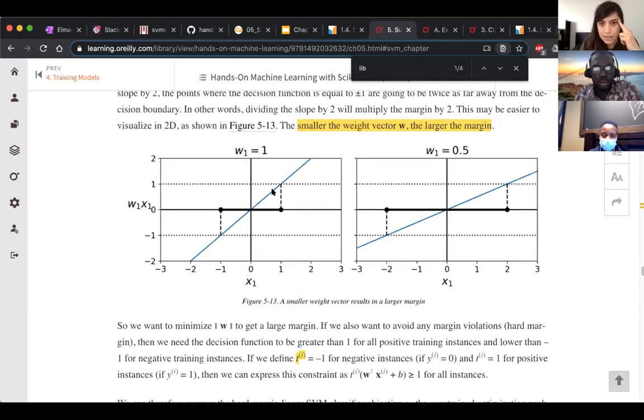If this is the slope of our hyperplane, the decision plane on our data plane, and this slope is higher than this one, then it intersects our data plane with a smaller number, as opposed to this one, which has a lower slope but projects as a wider margin on our data plane.